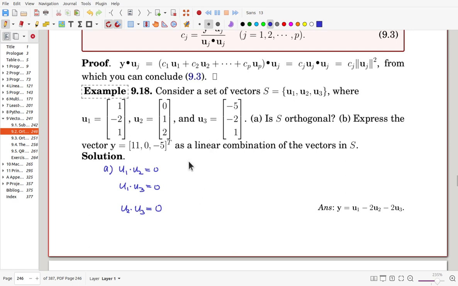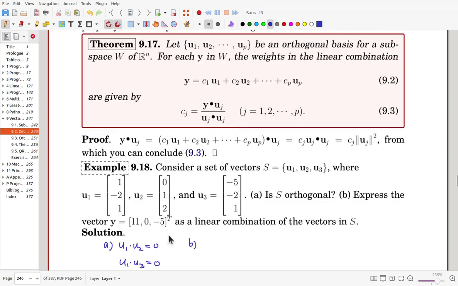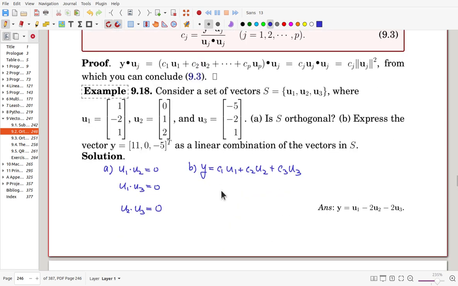Now, for part B, we'll try to use that one. y is given here, and if we try to express this y as c1 u1 plus c2 u2 plus c3 u3, then cj can be decided by this equation. So let's do that. Here c1 is y dot u1 divided by u1 dot u1.